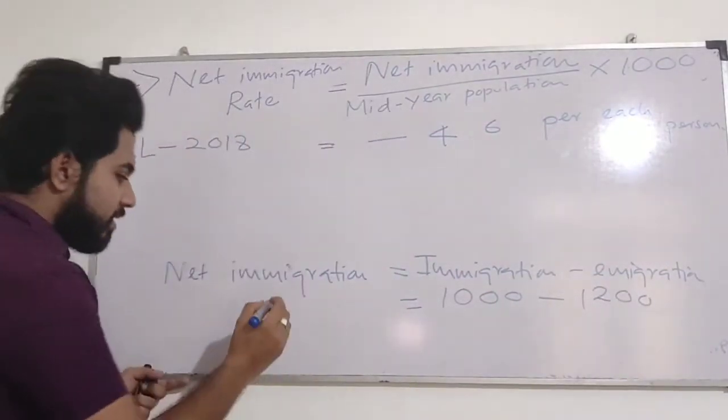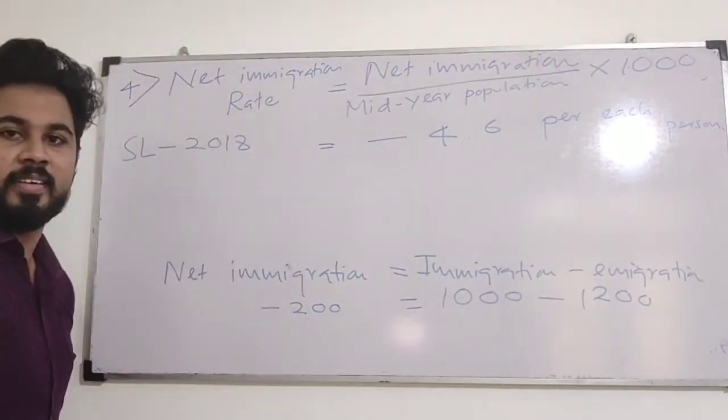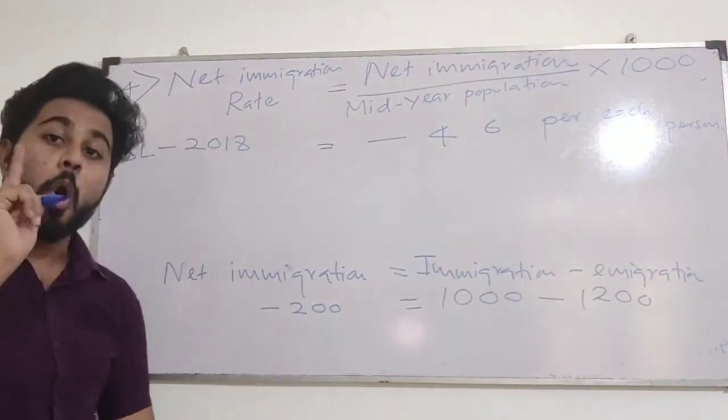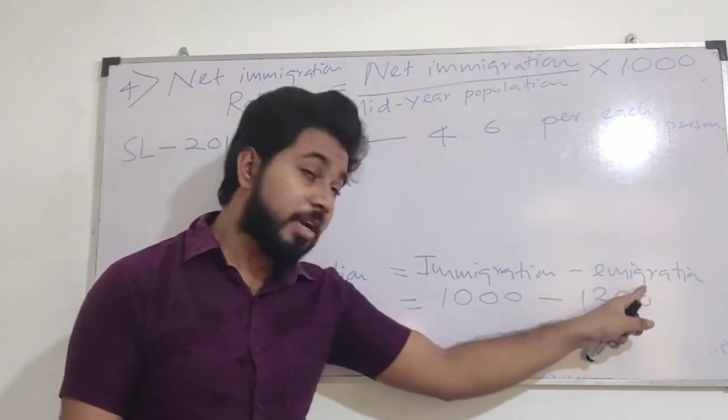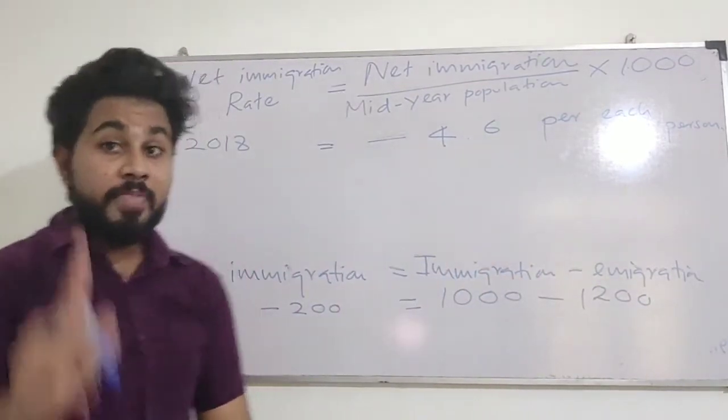Then net immigration is minus 200. That means net immigration will be a minus value only if emigration is greater than immigration.